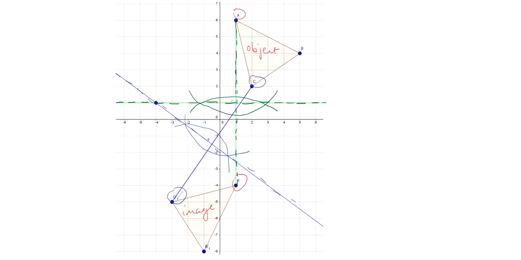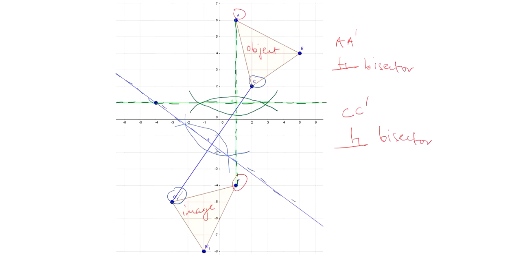So let me just write what we're doing here. We have A prime as one line, and we are finding the perpendicular bisector, and then we have C prime, and we find the perpendicular bisector of that line.